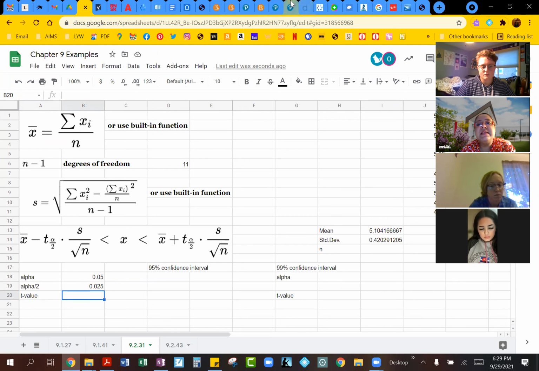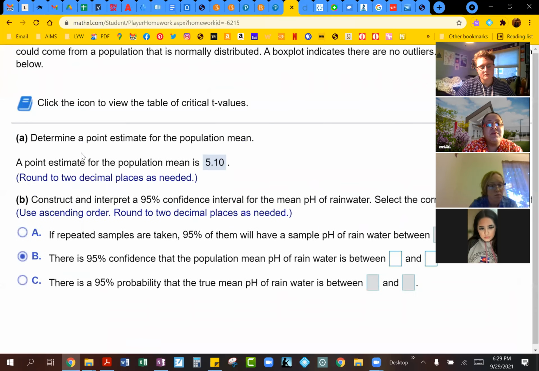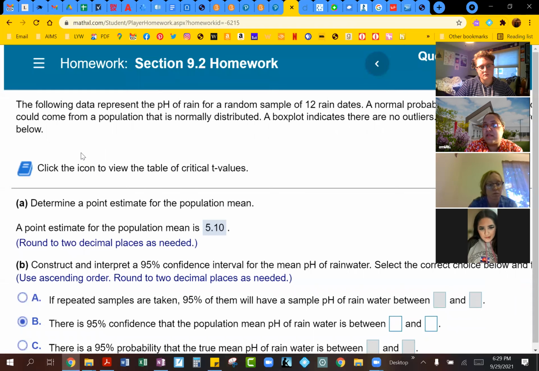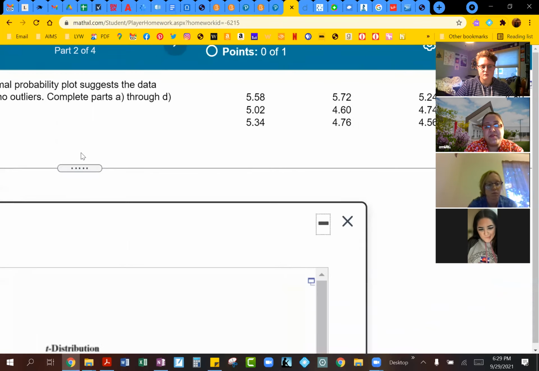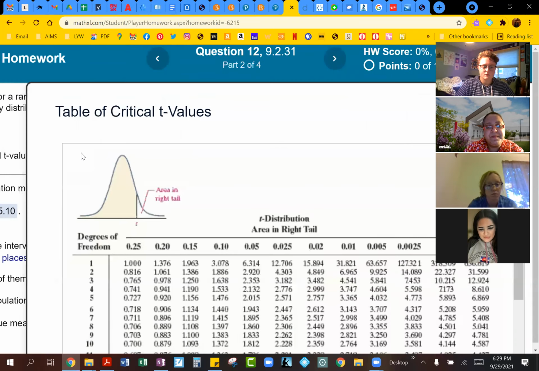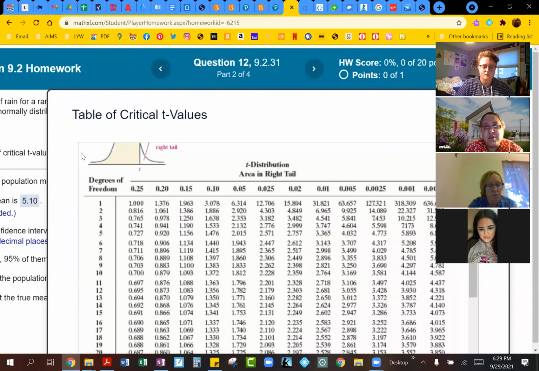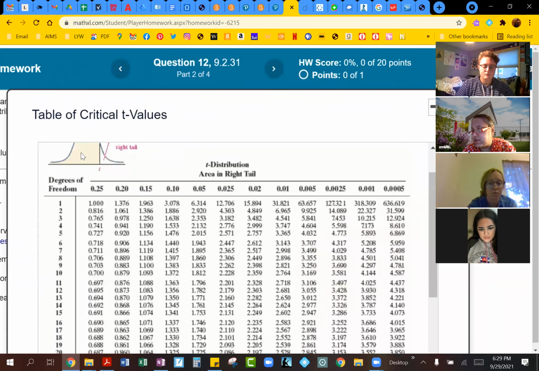Now for this T value, we need to go to this critical value table over here. You can see it's talking about the critical T values. And when we click on this, you will need to use the 0.025. And did we talk about the degrees of freedom? I guess we did not.